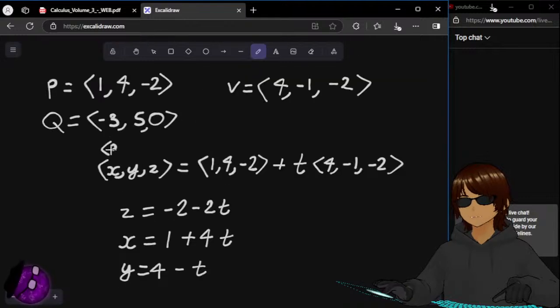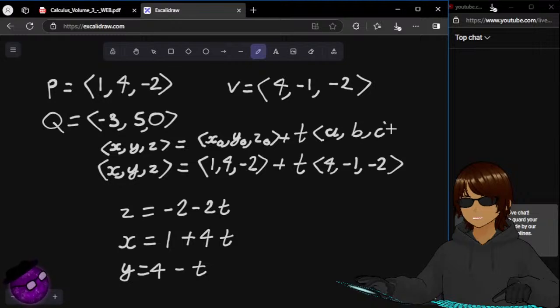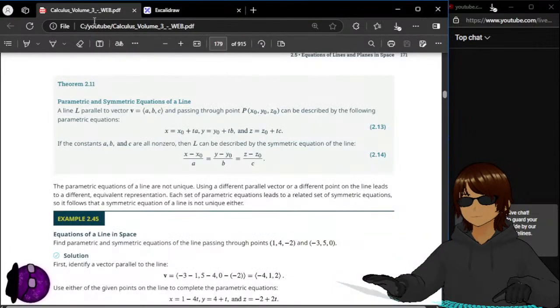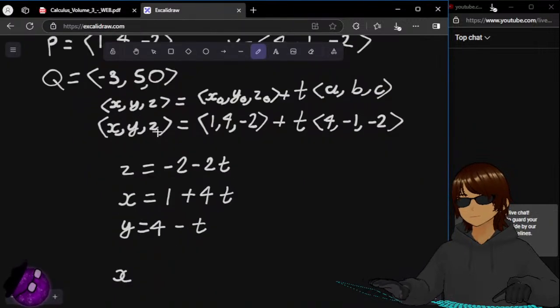I'll just write it here. So x0, y0, z0 plus it with t, a, b, c. Okay, this makes sense.